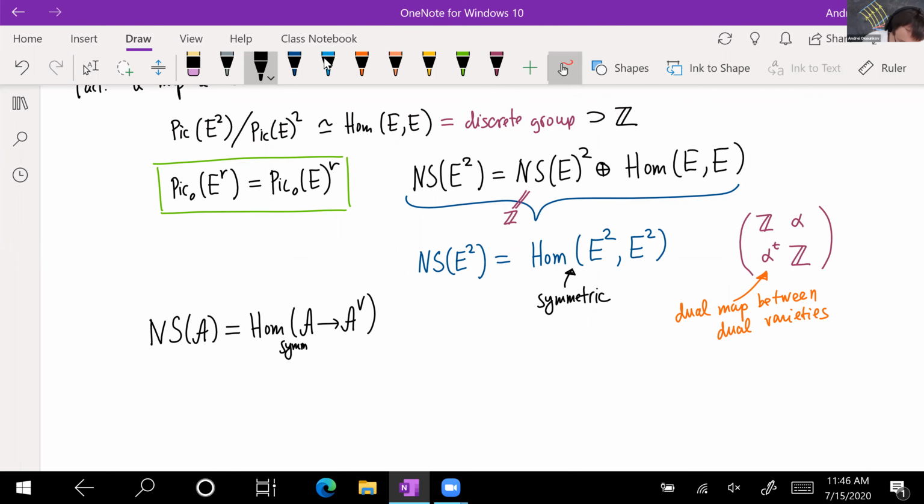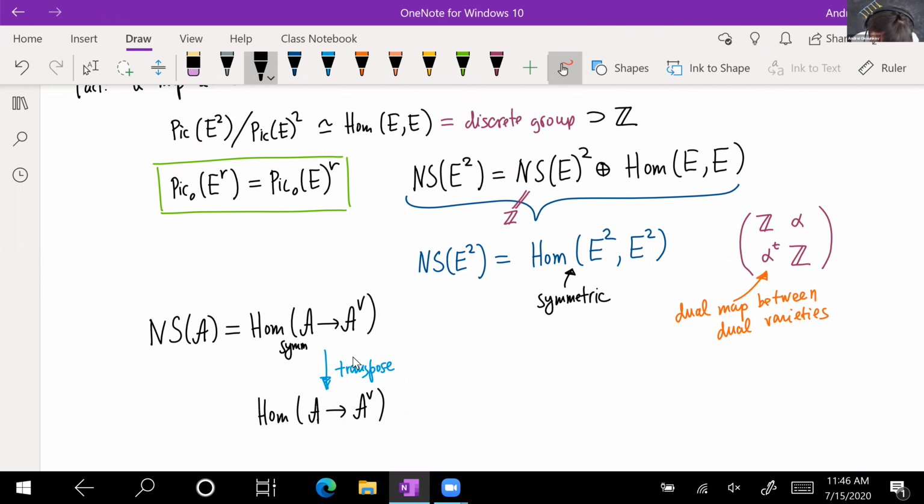Symmetric with respect to what? If I take a map from an abelian variety to the dual variety, then there's a transpose. If I take the transpose, I get a map between duals, so it goes to the same space. And symmetric means that it's invariant under this transpose.